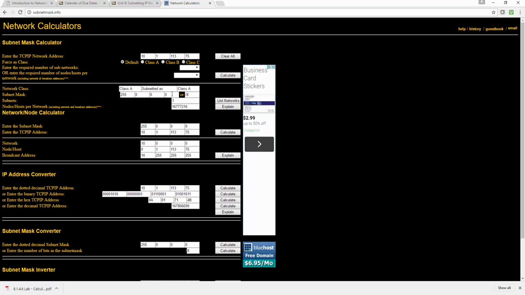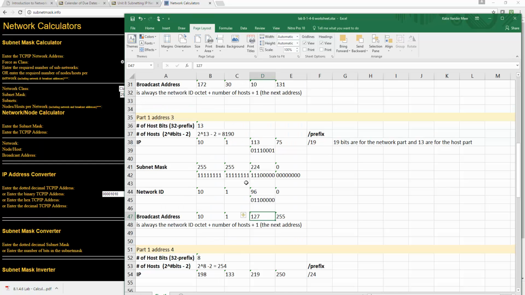You have to say how many networks you want, or how many hosts are required per network. So on this one, we already figured out that we want 8,190 hosts.